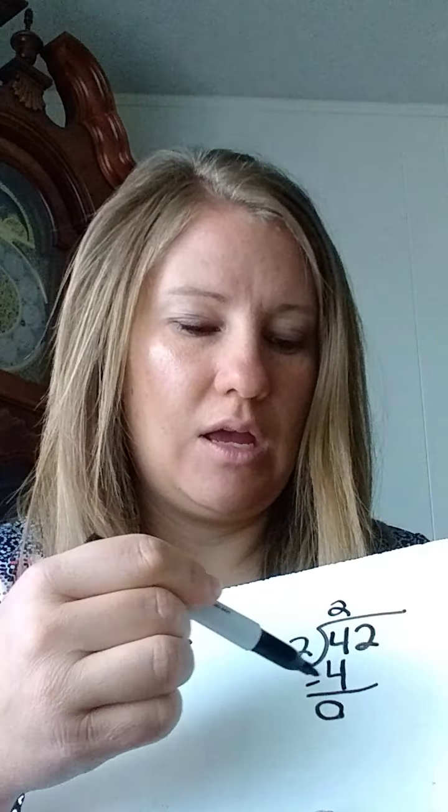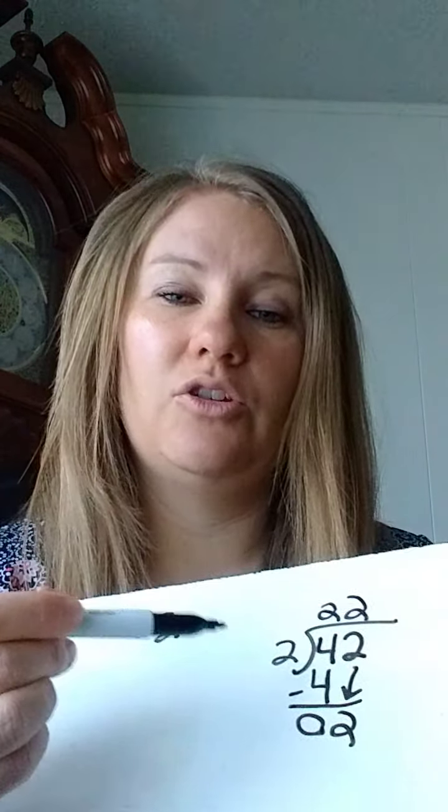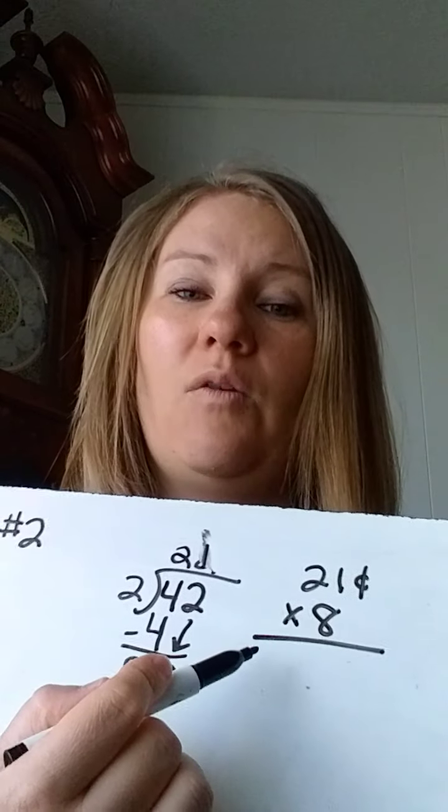We subtract, we get 0. We bring down our 2. 2 into 2 is 1. Each individual orange is 21 cents. And now we can multiply that by the 8 because we need 8 oranges, and that will tell us how much 8 oranges would cost.